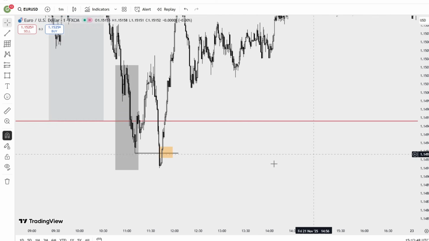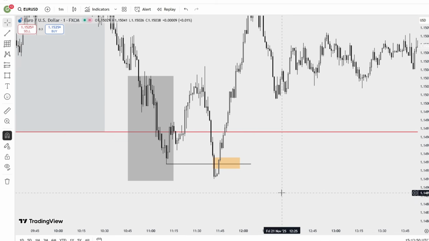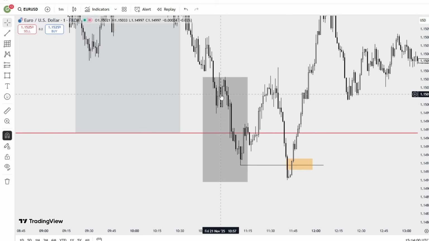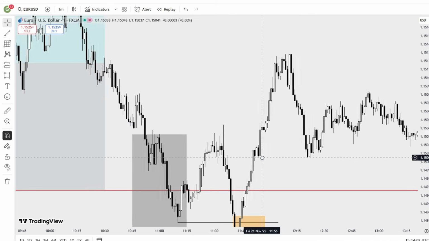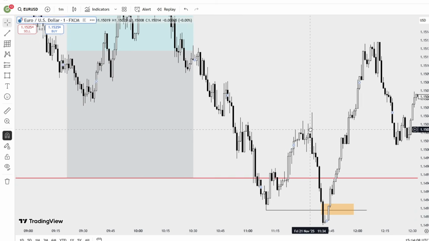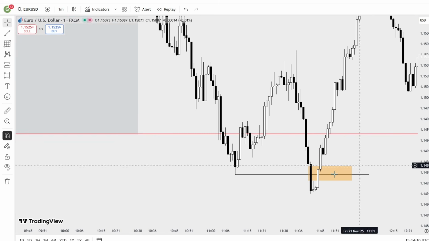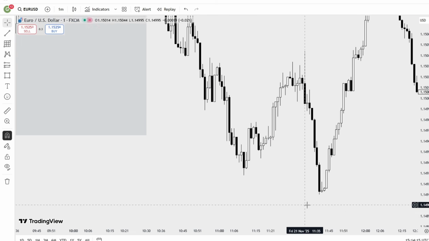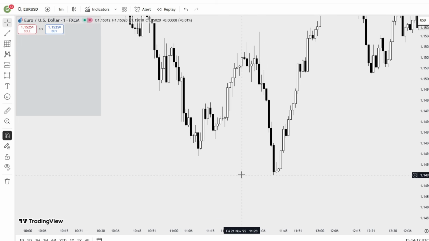You have to understand the anatomy of price and how a candle is formed, because you need to see a range inside the candle. If you only see a candle, because it happens sometimes, let me take this off and erase this, okay, so I can show you what I'm talking about.